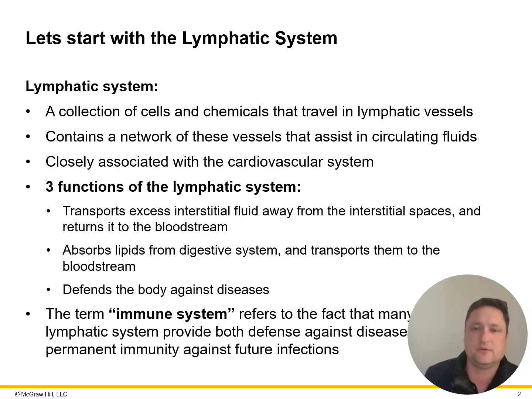So you will also hear the term immune system. That's because a large portion of immunity is carried out by lymphatic cells, notably lymphocytes and phagocytes that reside in or circulate through lymphatic structures.